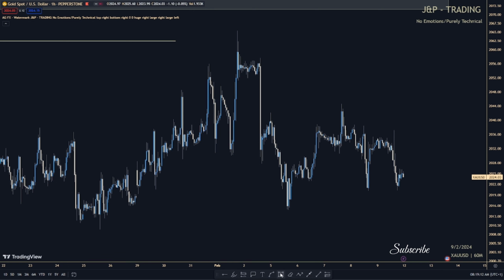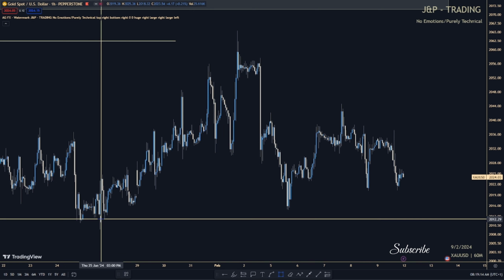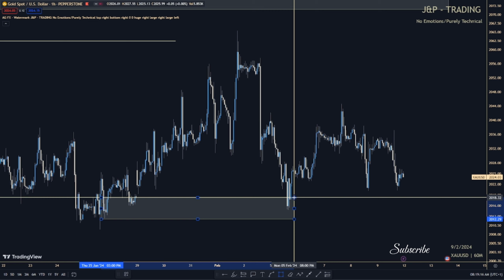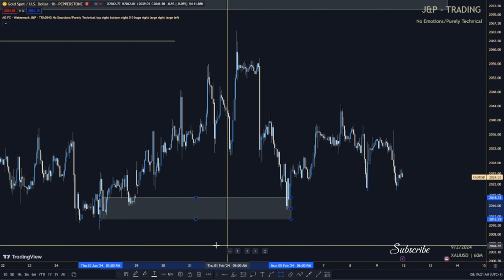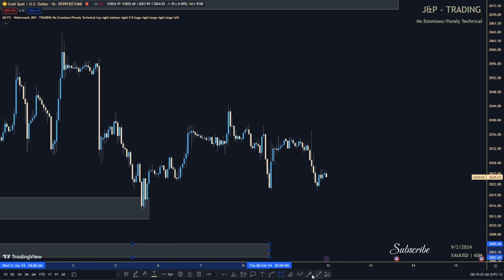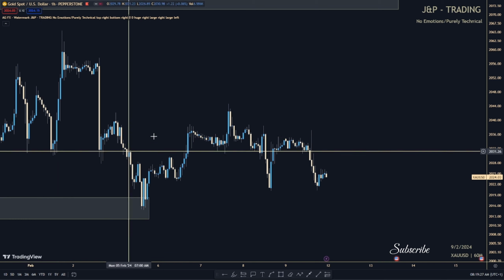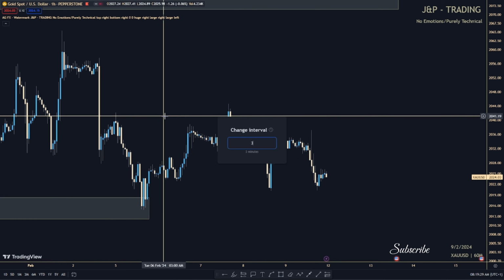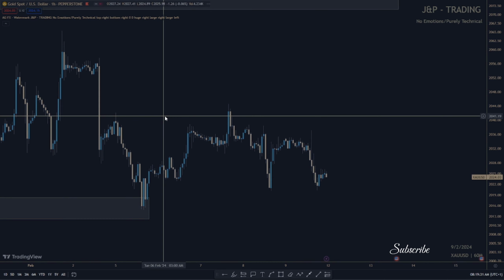So here we are going to expect a buy, because where the market is reacting from is a demand zone. Not that strong, but the chances of it rising from there are high. So that's our M15.